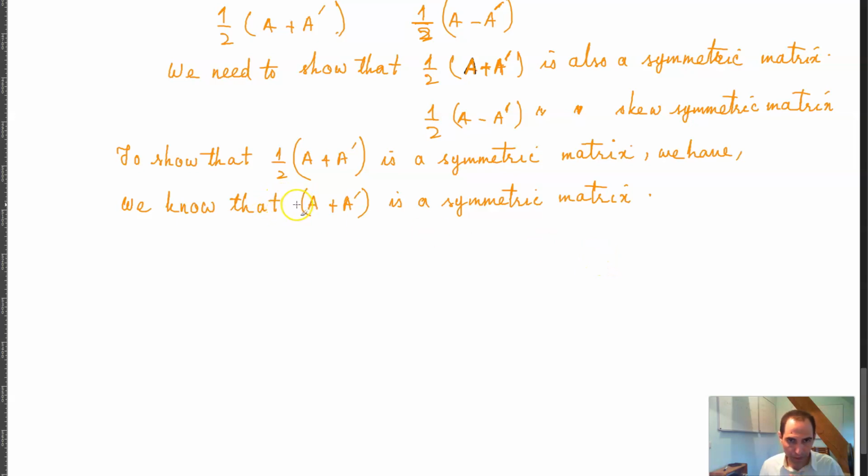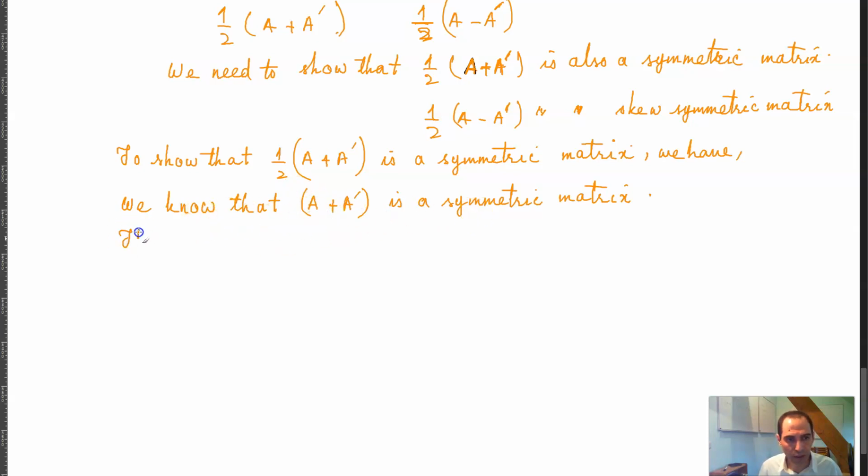Now, what that means in mathematical terms, based on the definition of a symmetric matrix, is that if you have a square matrix A, and A prime is equal to A, then that matrix is called a symmetric matrix, right? If I'm not mistaken, yes. So when I say that a matrix is a symmetric matrix, that means that the matrix itself is equal to the transpose of the matrix.